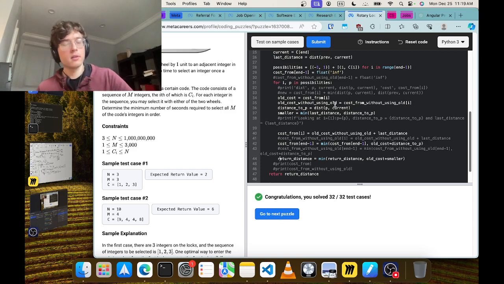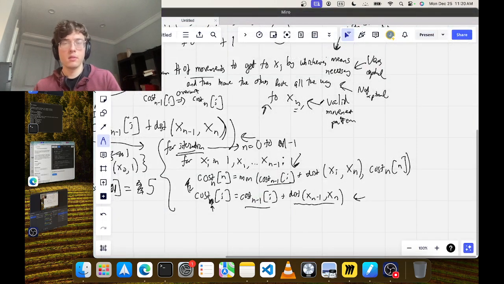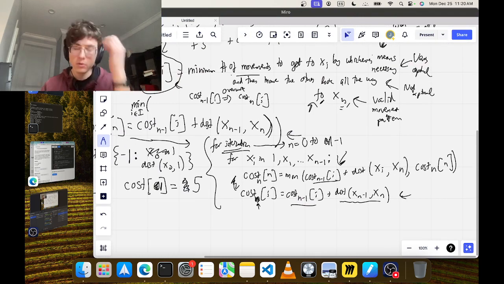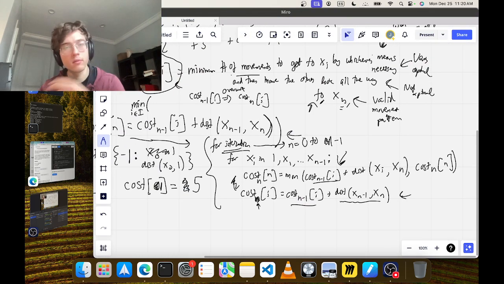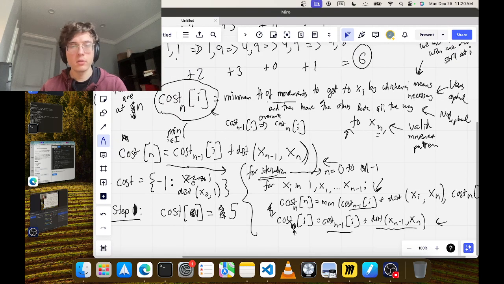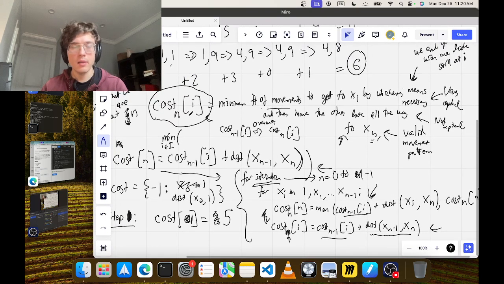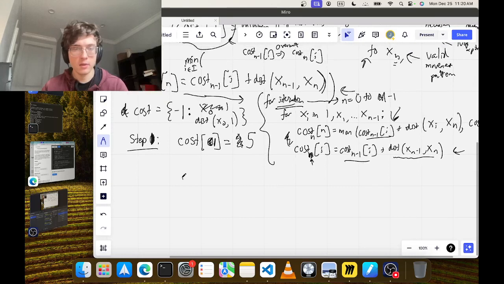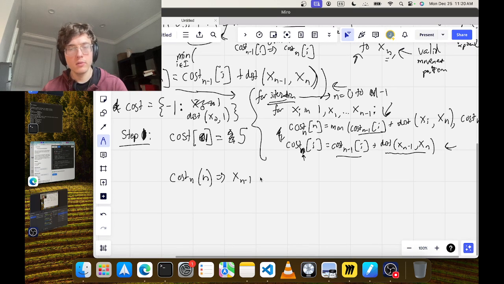And then the thing is the return. When you try to return the final value of this computation, unfortunately your cost n of i, specifically your cost n in the final round, assumes that you moved the lock xn minus 1, and you weren't allowed to use xn minus 1.